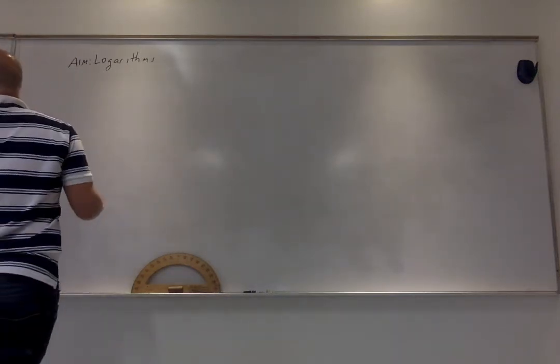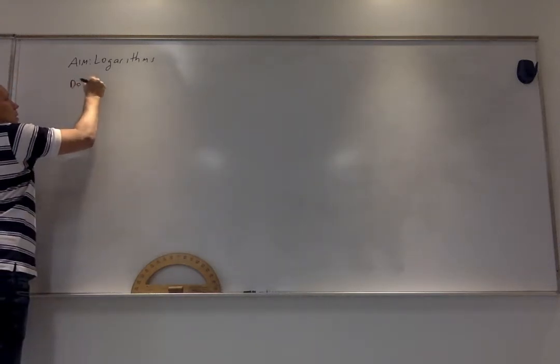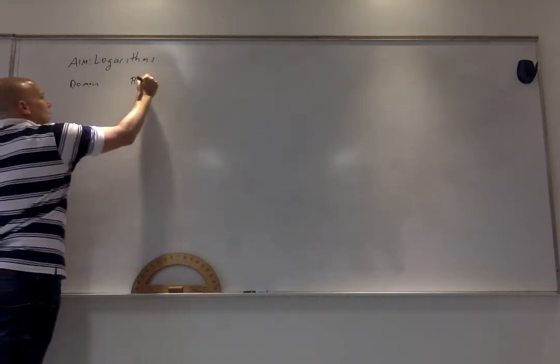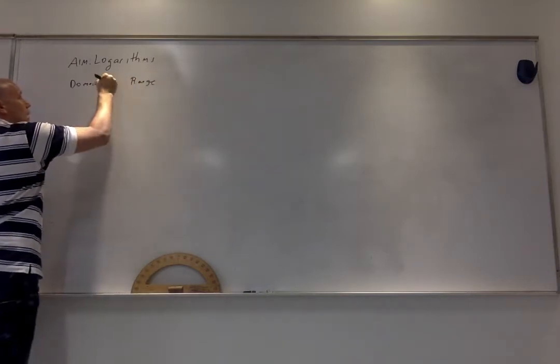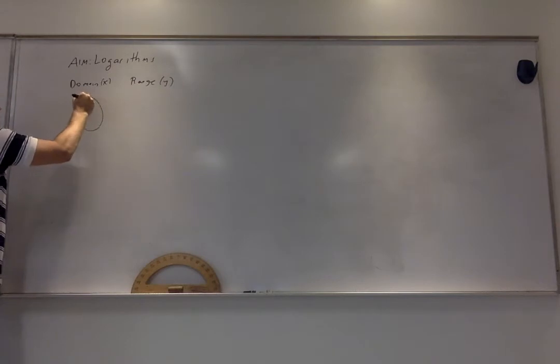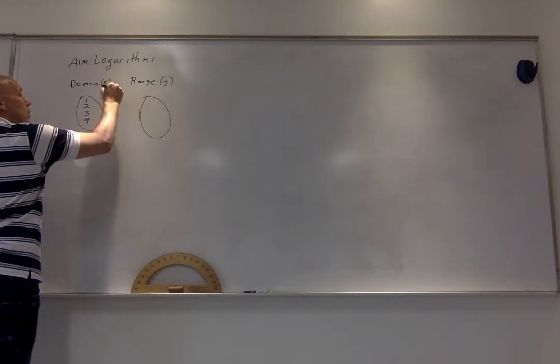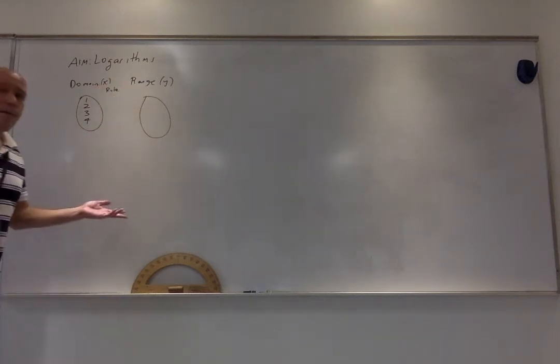Last year, we talked about domain and range, and that was simply the x values and the y values. We picked a bunch of domain values and plugged them into some rule, and that got us our y value.